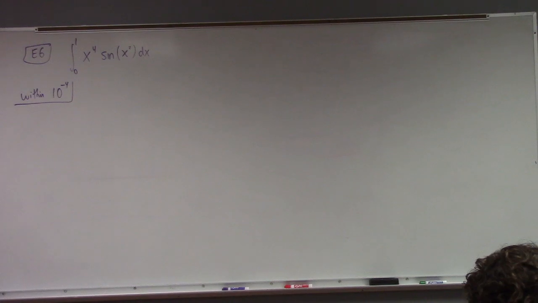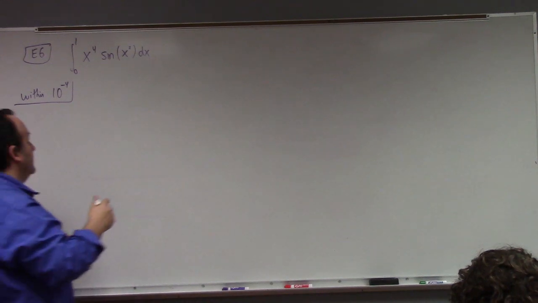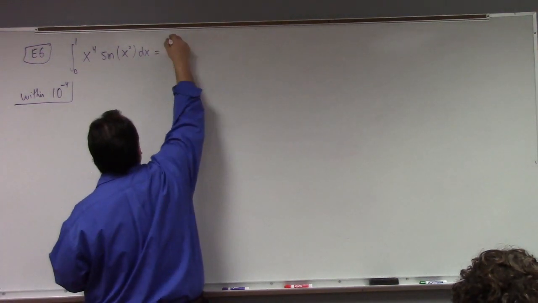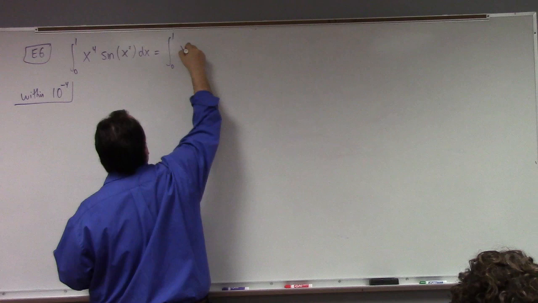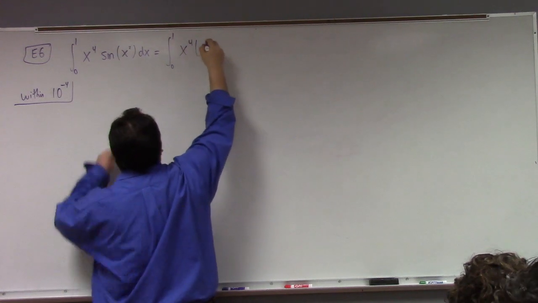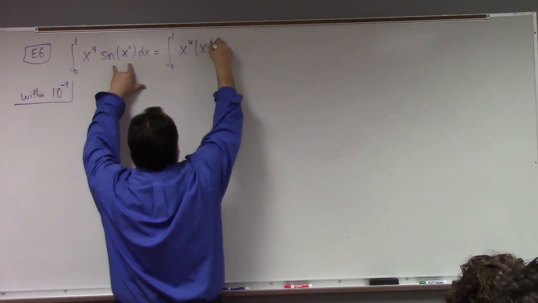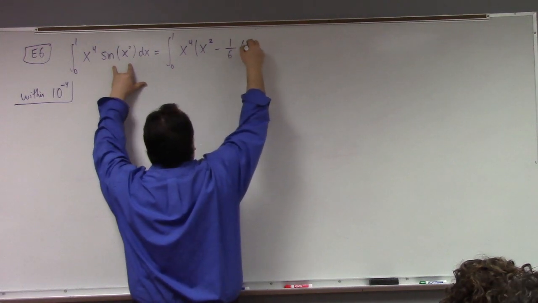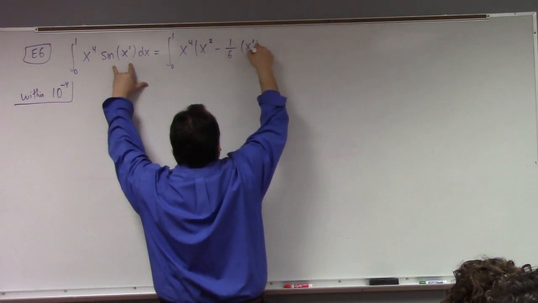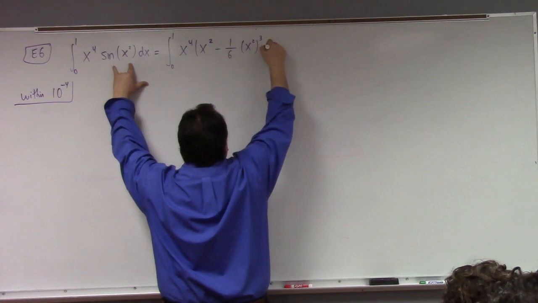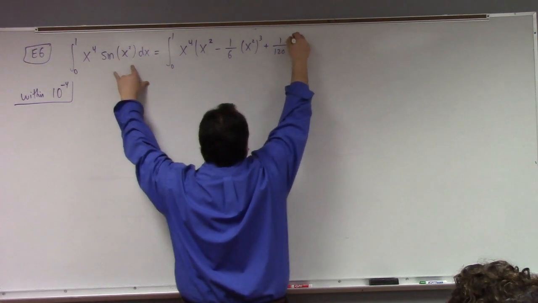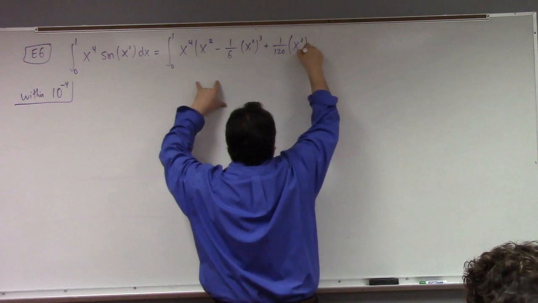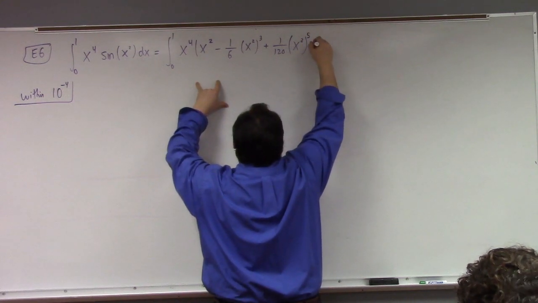Okay, so what we do is we trade the integrand for its Maclaurin series. So what is the Maclaurin series here? You've got x to the 4th times, in this case, x squared, right? Minus 1/6 x squared cubed plus 1 over 120 x squared to the 5th power, and so forth and so on.